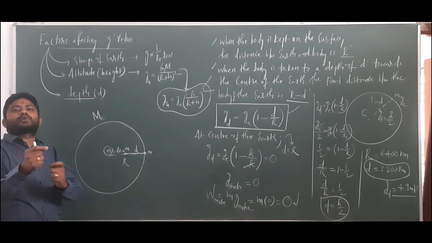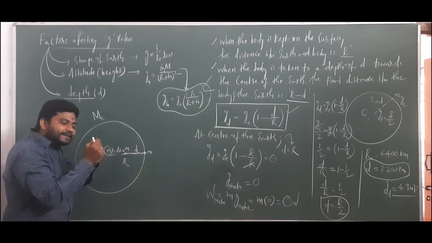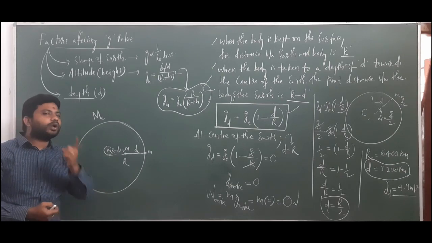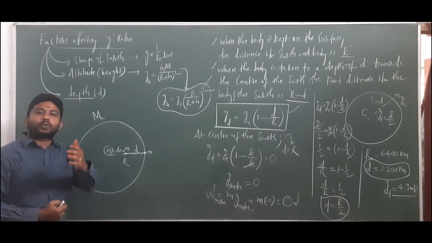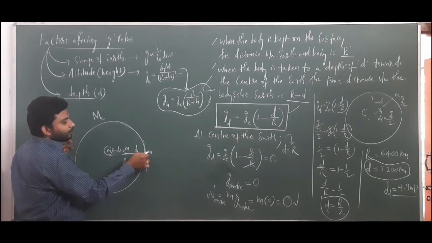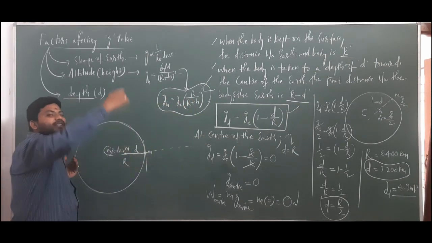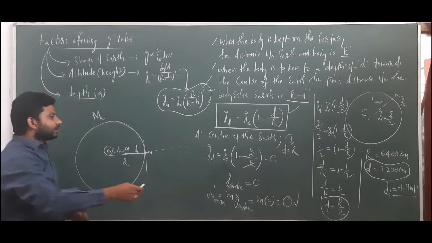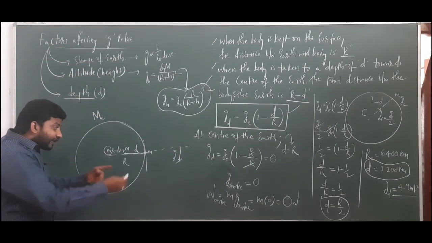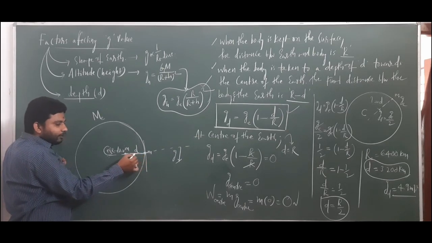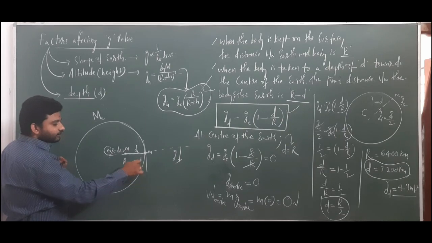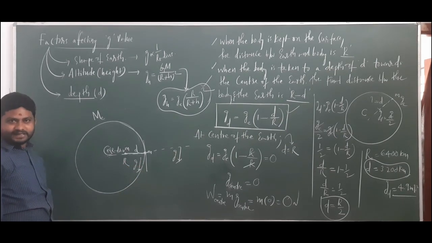Now what we are going to prove, in the beginning of this factors affecting the g value, I had told you one important statement. So what was that? From the surface, if you take the body to higher altitudes, higher heights, the acceleration due to gravity decreases. From the surface, if I am taking the body to deeper levels towards the center of the earth, acceleration due to gravity decreases.